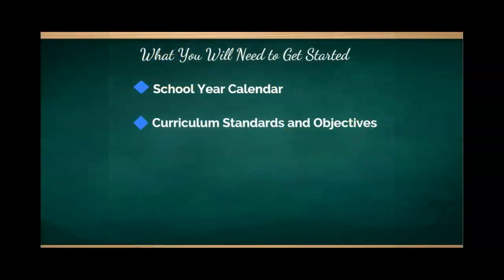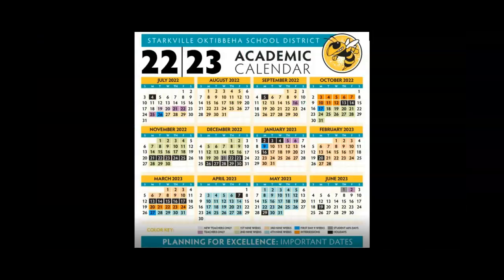So today, to start, I will need two tools to begin, and that is the school year calendar, because I will need to know all the dates for the school year and the events in the school year. I'll need to especially know the start and end dates for each semester.